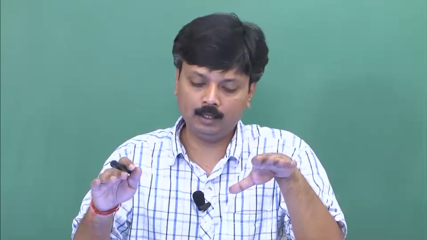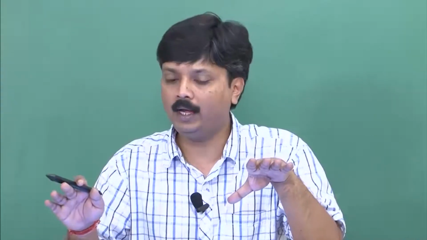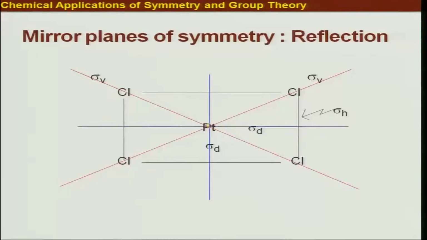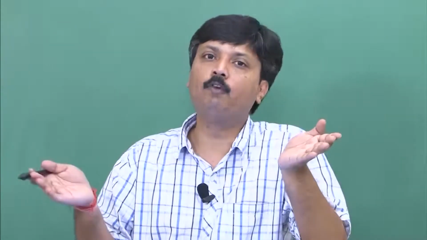So you can get a symmetry plane, and that will be a sigma h. Why? Because this is a square planar complex, and you can imagine a rotational symmetry axis perpendicular to this plane passing through the platinum atom, right? And you can give a 90-degree rotation, you get an indistinguishable structure. So that means you have a C4 axis, right?